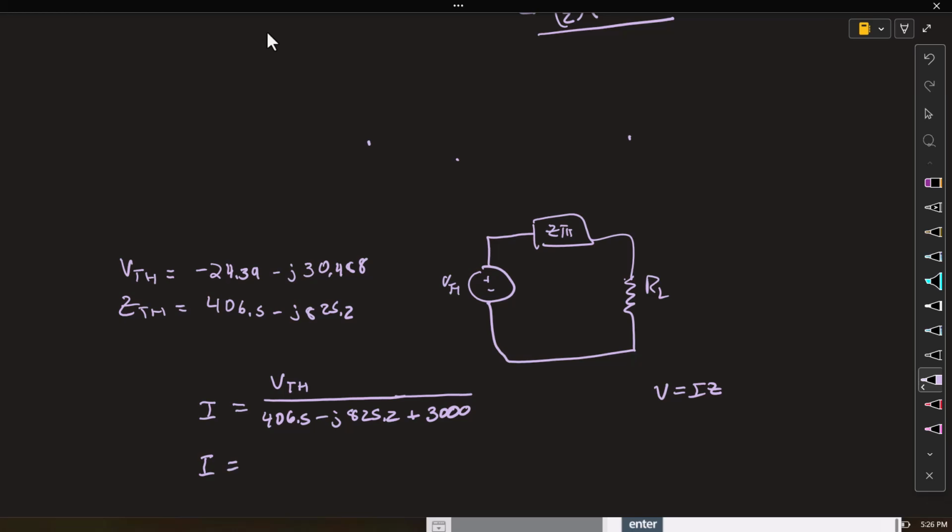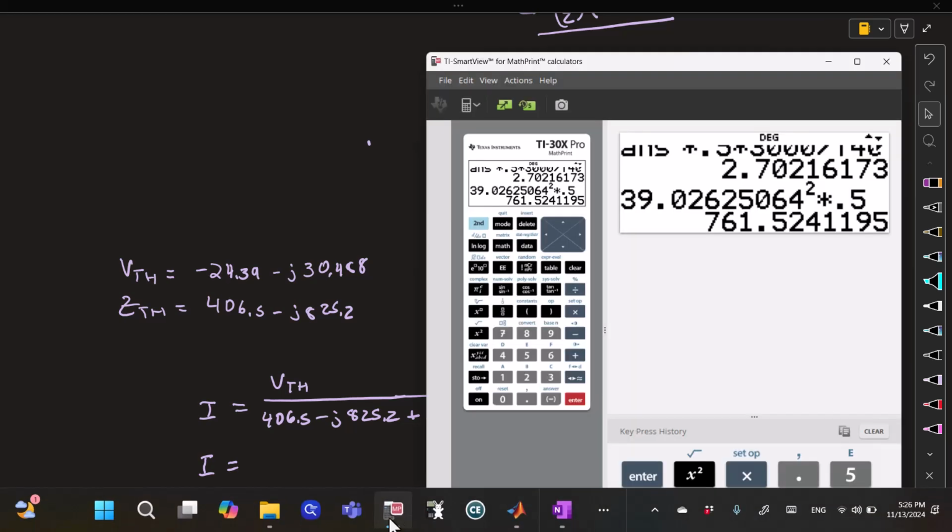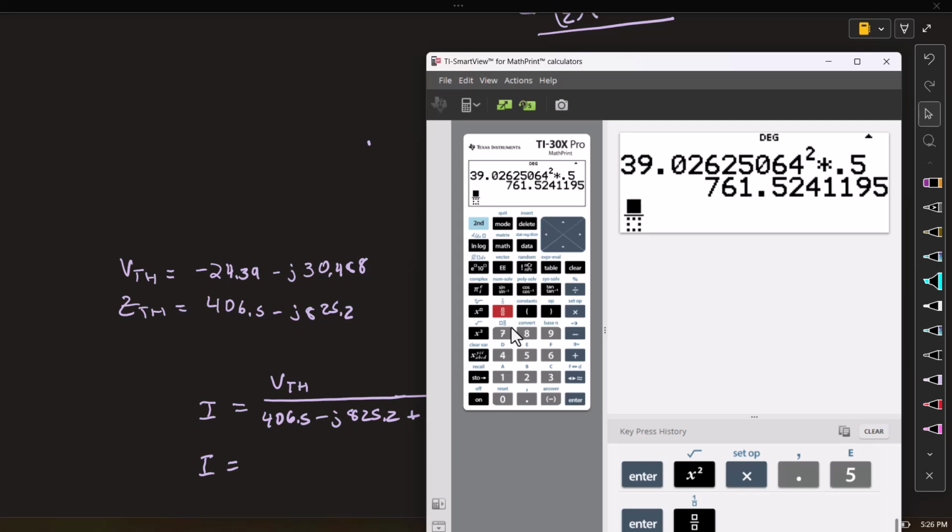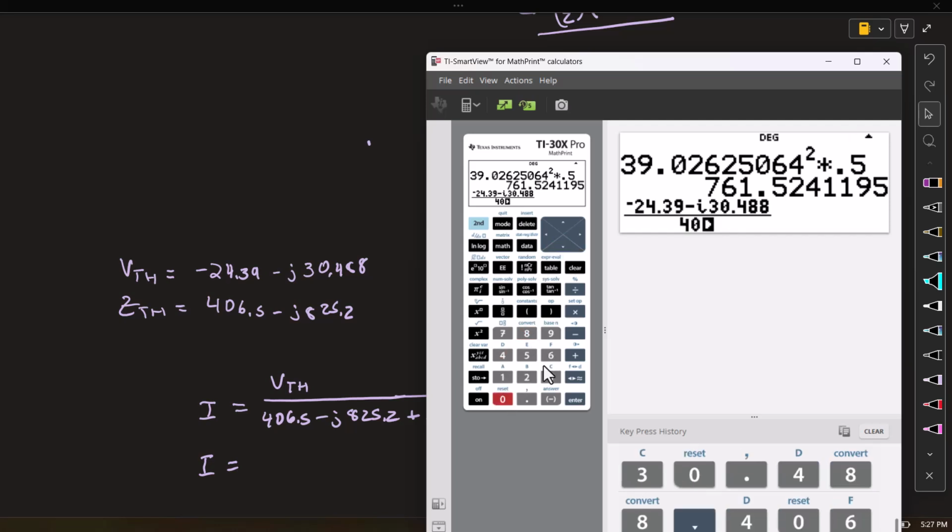So I will equal minus 24.39 minus J30.488 over 406.5 plus minus J825.2 plus 3,000.